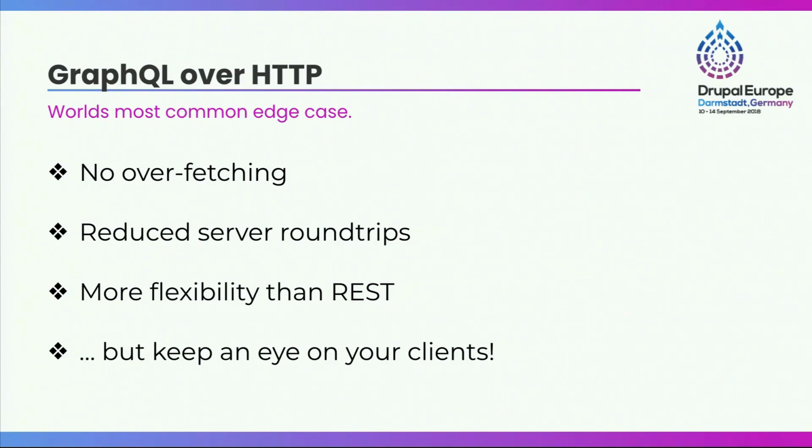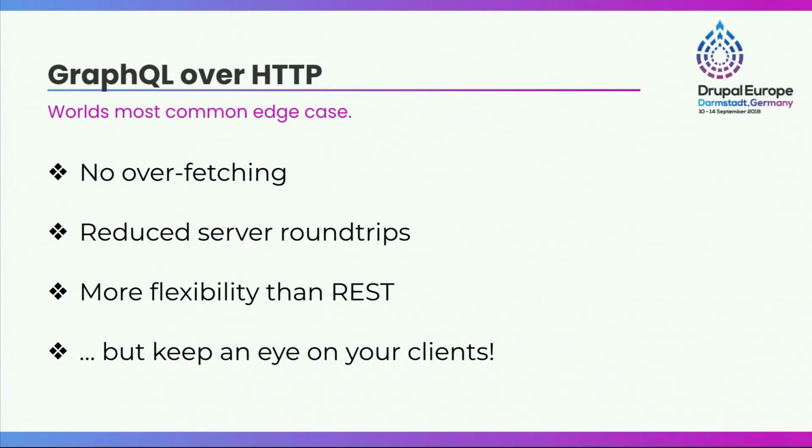So this is the way it was promoted to get some benefits, to reduce bottlenecks in decoupled applications or in rich web front-end applications. One of them is that you can reduce overfetching. Like with a REST interface, you would request your object and you just get everything that's in there.